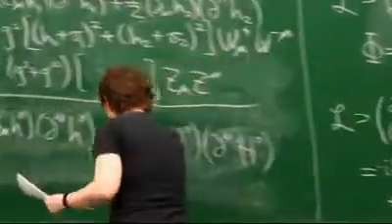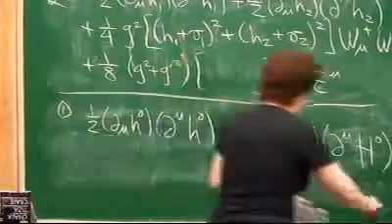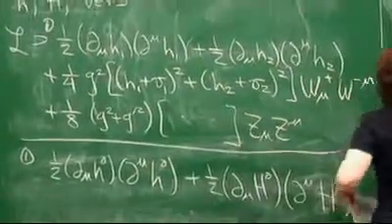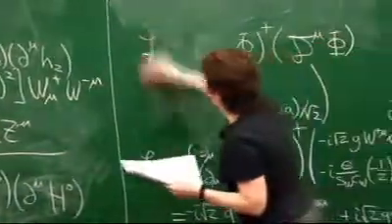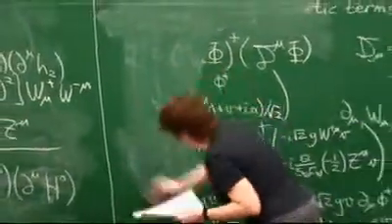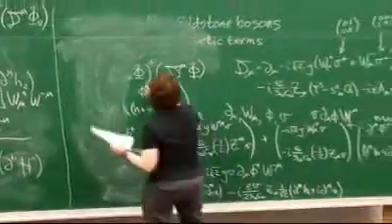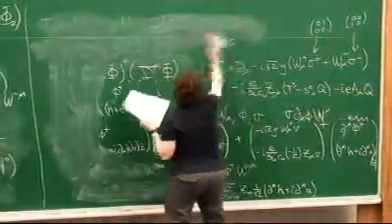For the masses of the W and Z, I'm basically going to take the V squared pieces out of the second and third lines of that expression.